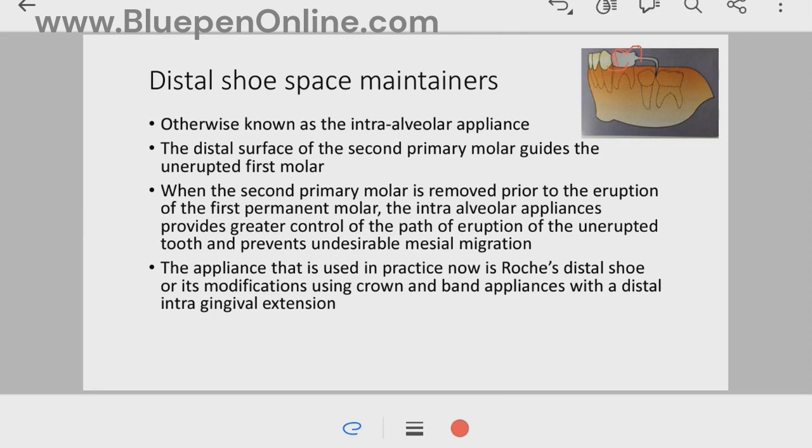This is the deciduous first molar, and there was a deciduous second molar, but it is not here now. If the tooth was there, its distal surface would guide this first molar into its position. But unfortunately, the tooth is missing. So in that case, you take an intra-alveolar appliance, and this is how you extend it.